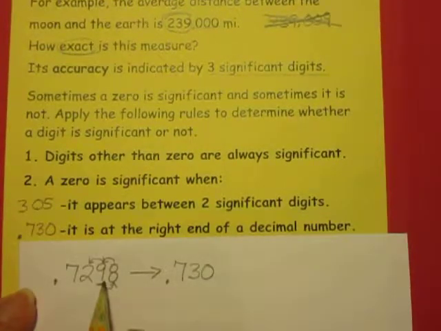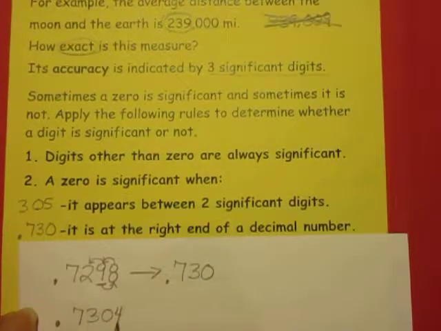It might be that this 0 is actually something it's been rounded to. Or it might be a case where it was, let's say, 7,304, and I needed to round to this place value. So when I go immediately to the right, that digit is less than 5, so I'd come back here and leave it as is.